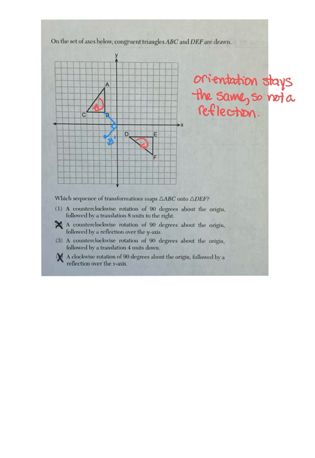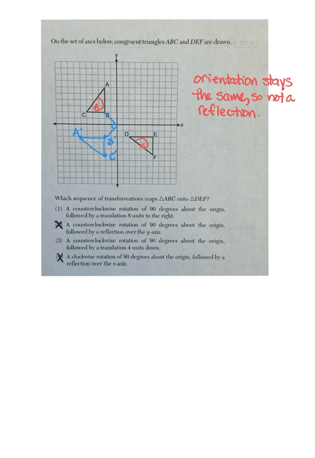So 1, 2, 3, there would be my C prime. Okay, so there's my side. And then I'm going to look at the distance between B and A, and I see that's 1, 2, 3, 4. So I'm going to go 1, 2, 3, 4. So that would be what your triangle looks like if I rotate it 90 degrees counterclockwise.